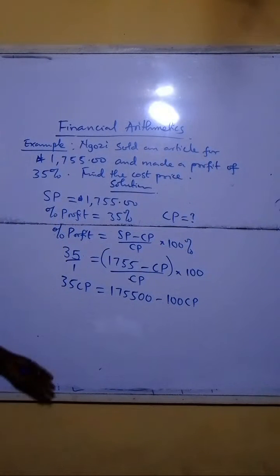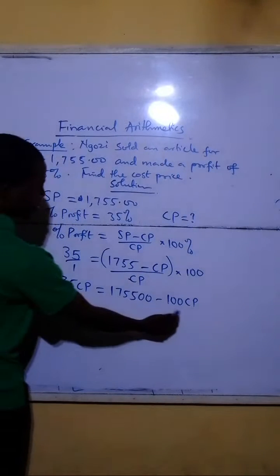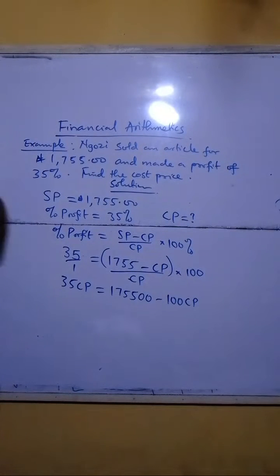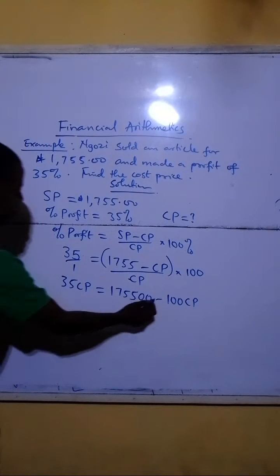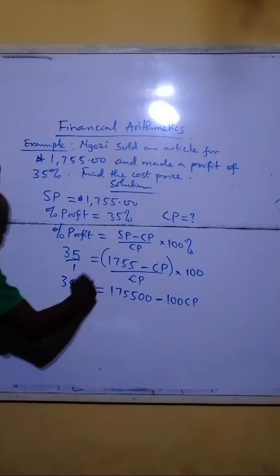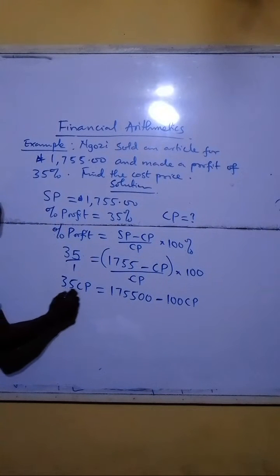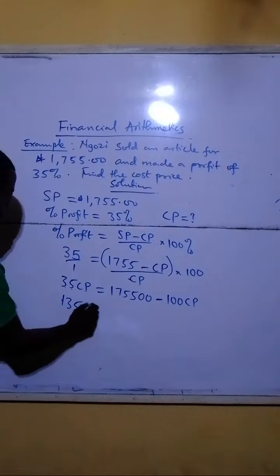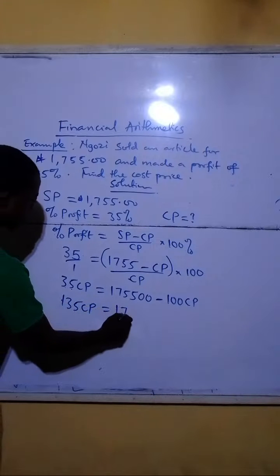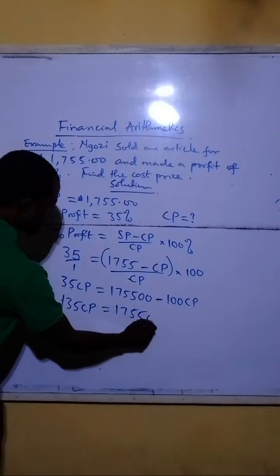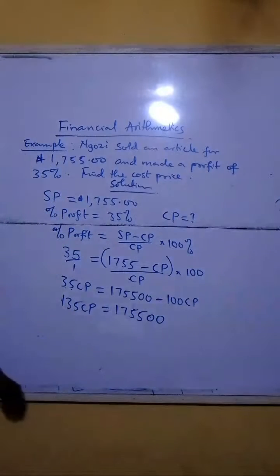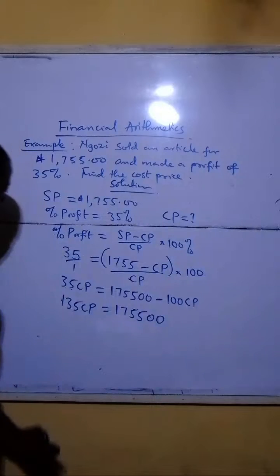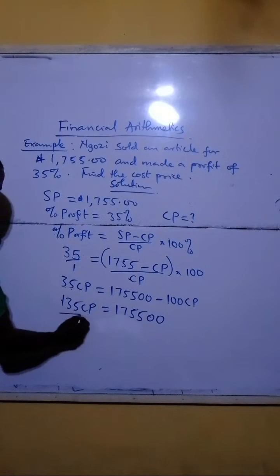Since we have CP on both sides, we bring the cost price together to one side. The minus 100 CP comes over and becomes plus. So 35 CP plus 100 CP becomes 135 CP, equals 175,500. To get the cost price, we divide both sides by 135.